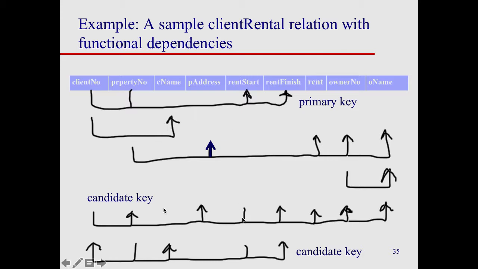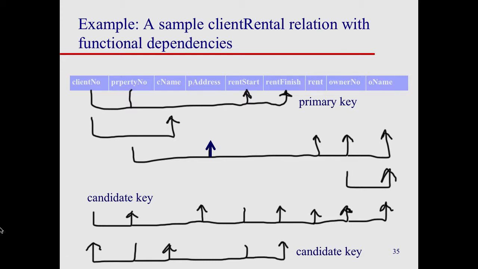There's nothing on rent start, correct? What about on client number? There you go. Client number determines client name. So in this case, the dependency client number determines client name would be used to go from first to second normal form.